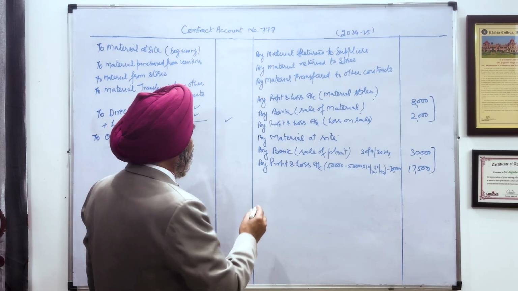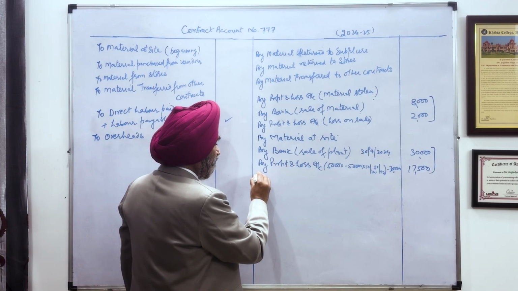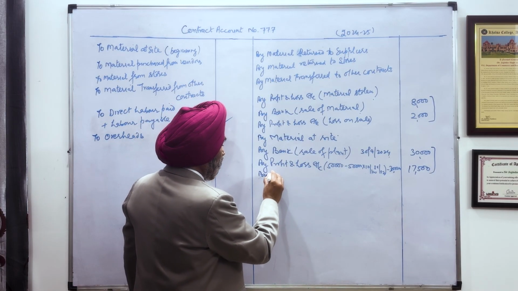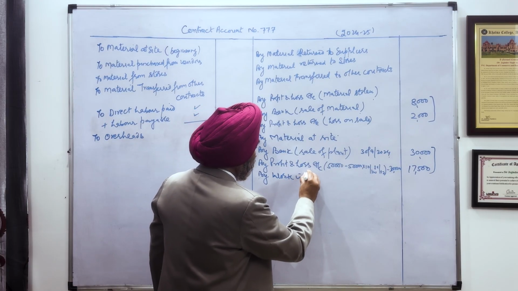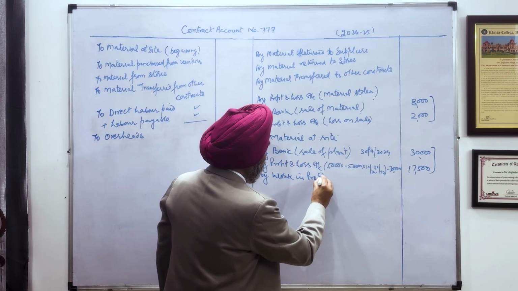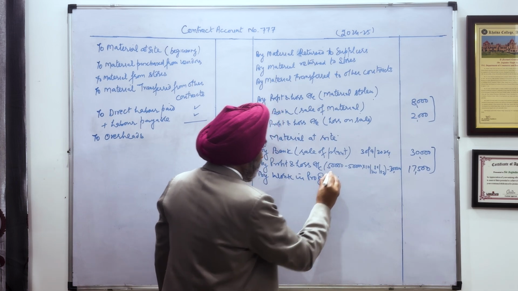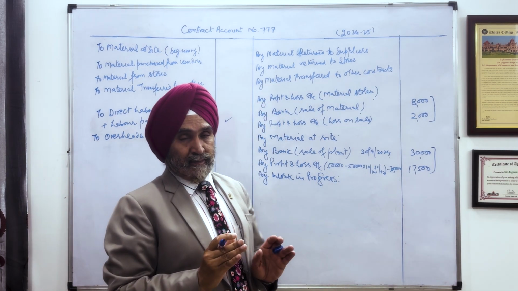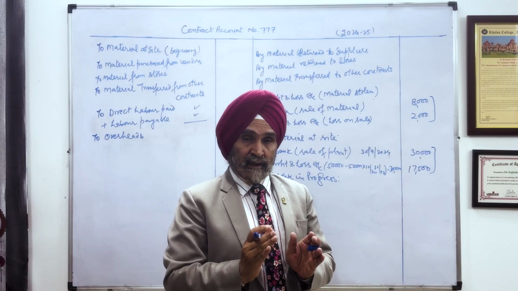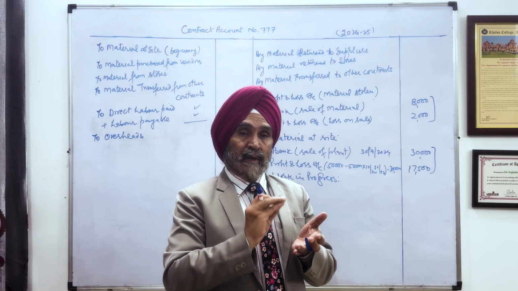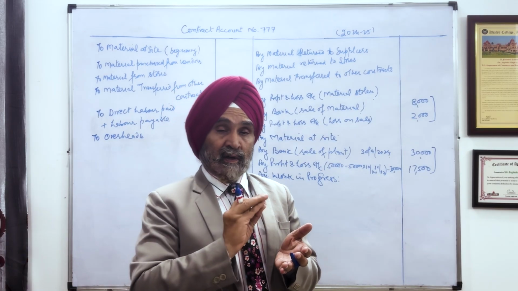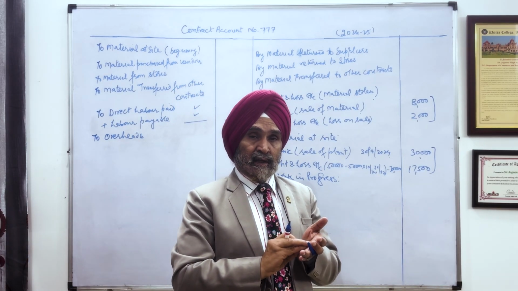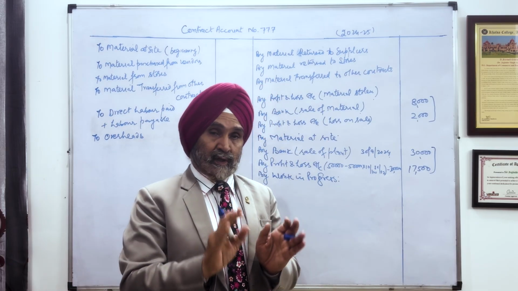In that case, instead of writing 'by contractee', we will write 'by work in progress'. Normally, either 'by contractee' when work is complete, or when work is incomplete, it will be 'by work in progress'.